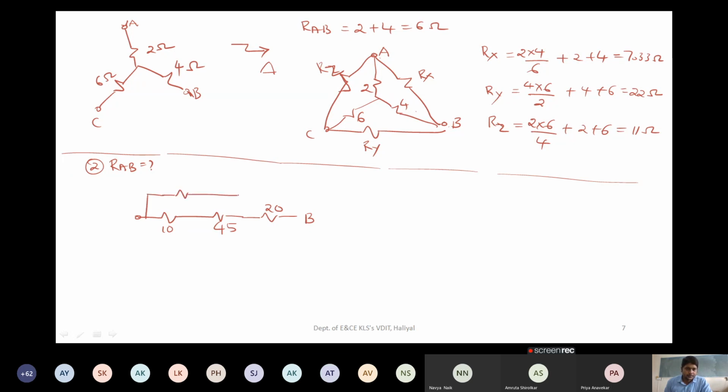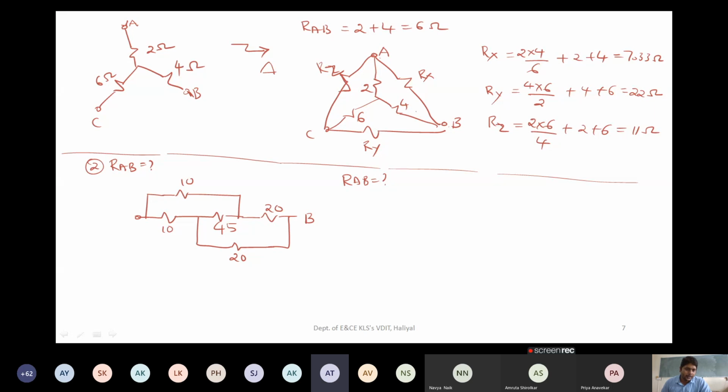So here I have 10 and here I have 20. Okay, so if I want to calculate RAB, what will be RAB now? It will be difficult to calculate directly, right?